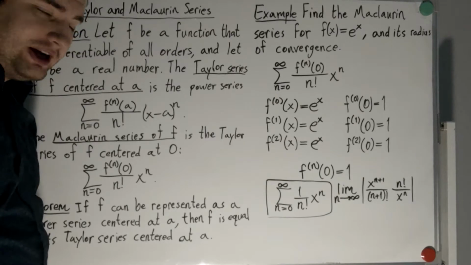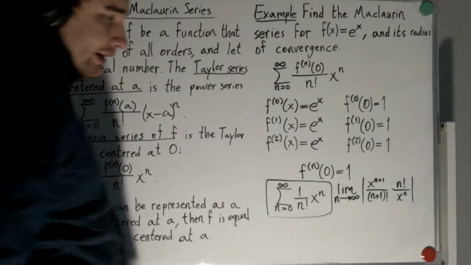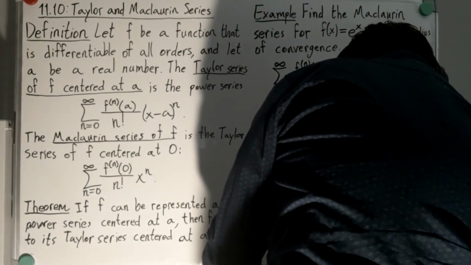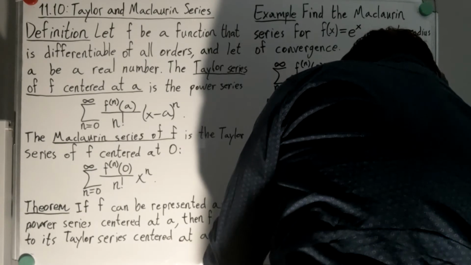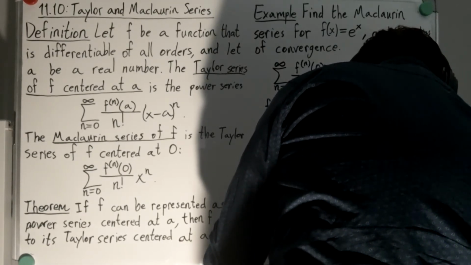N factorial divided by n plus 1 factorial is just always 1 over n plus 1. So this just turns into the limit as n approaches infinity of the absolute value of x divided by n plus 1.